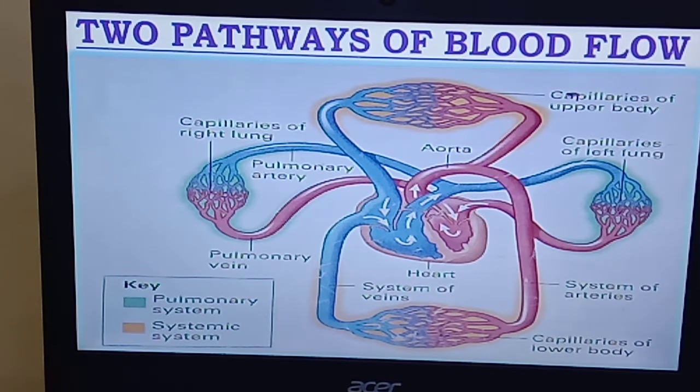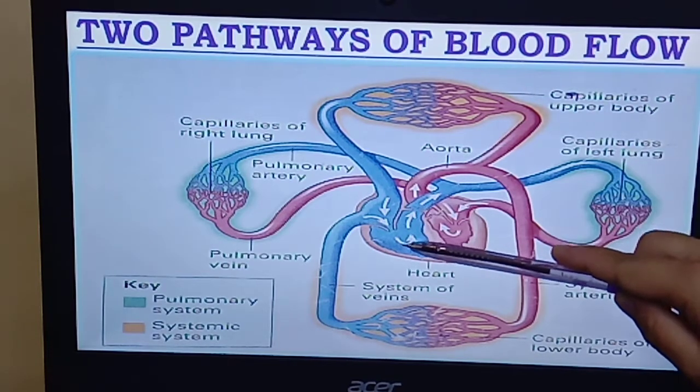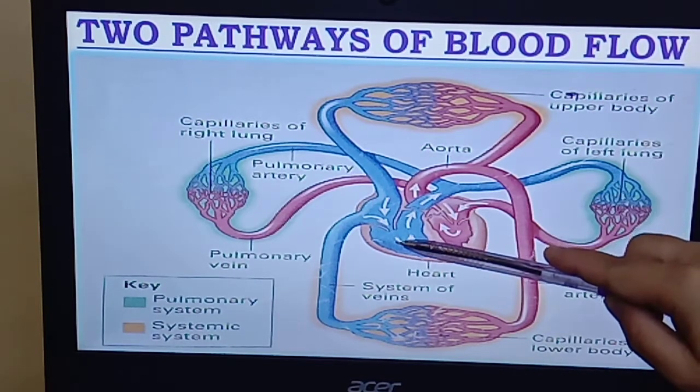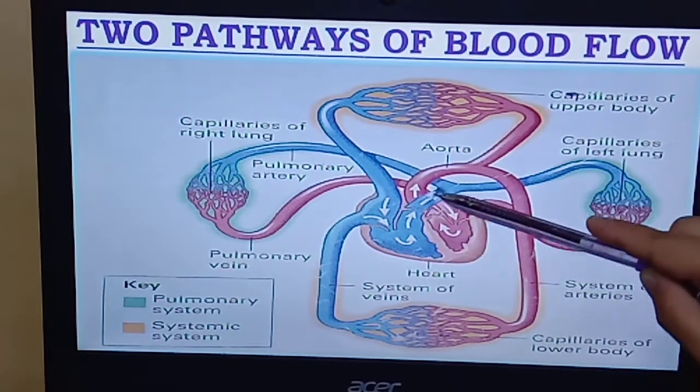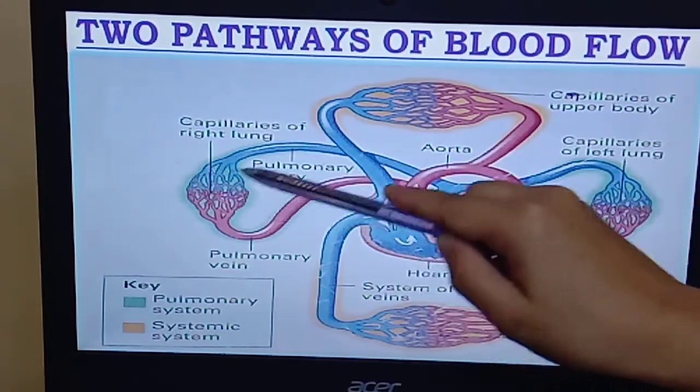So, in the pulmonary circulation, oxygen-depleted blood flows from the right side of the heart through the pulmonary arteries to the lungs.